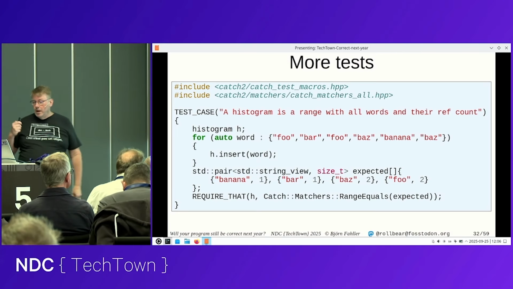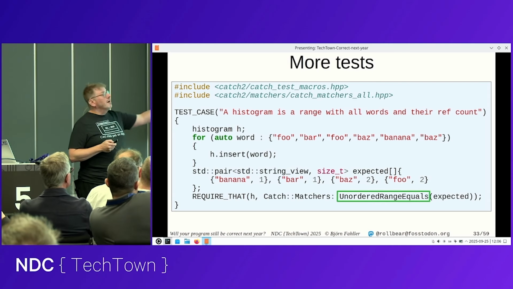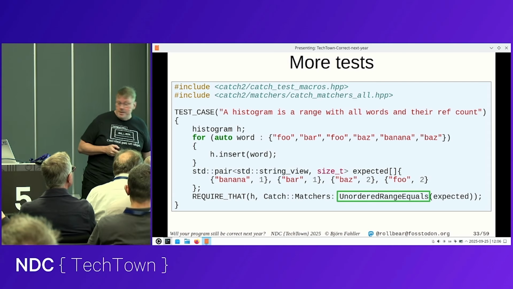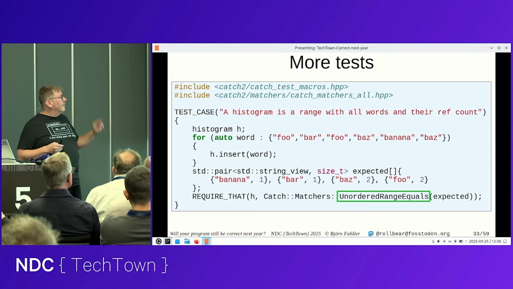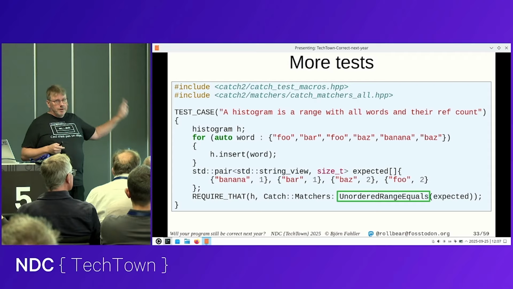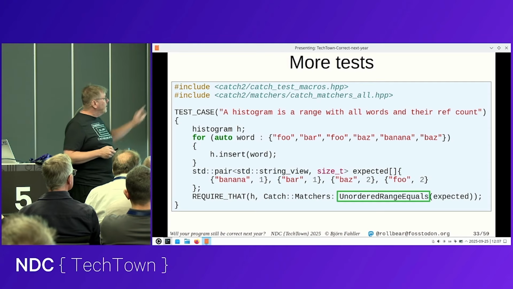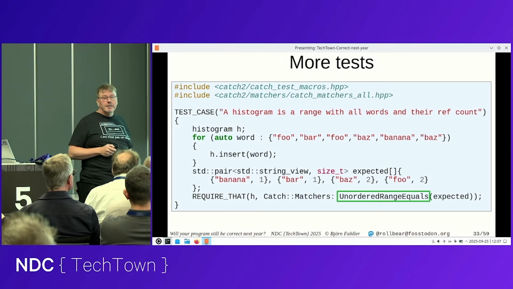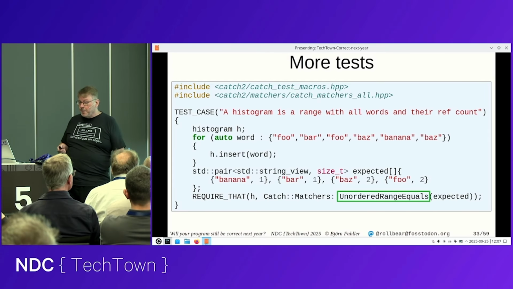So we can make a tiny change. Catch 2 has this unordered range equals. Now it says h must have all of these elements, no more, no less, exactly these, but we don't care about the order. And that is actually what it should have been in the beginning. But it's an easy mistake to make.